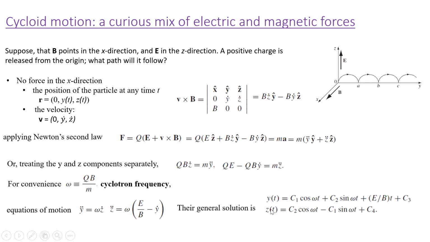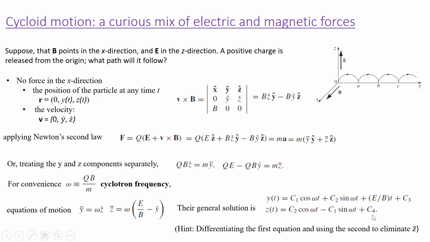But the general solution looks kind of like sines and cosines, which makes sense because we have y double dots and z dots. So this looks like the derivative of a cosine would be a sine and so forth. But we have extra terms because of this E over B here. And we have constant terms.